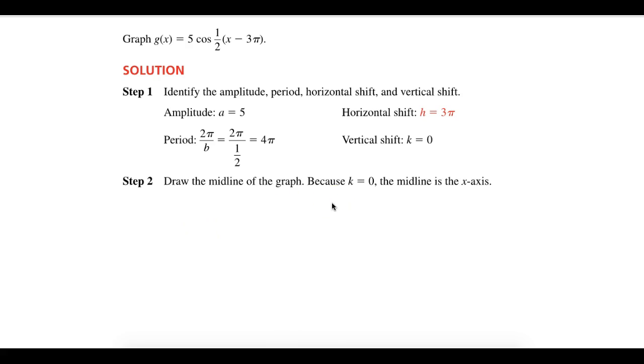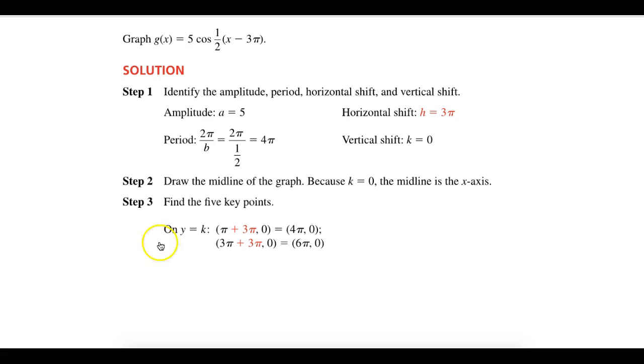So the points we want to find, the 5 key points, first of all, on our midline, in this case, on the x-axis, it's going to be at pi, that's just 1/4 of our period, so 1/4 times 4 pi, and then 3/4 times 4 pi gives us 3 pi.